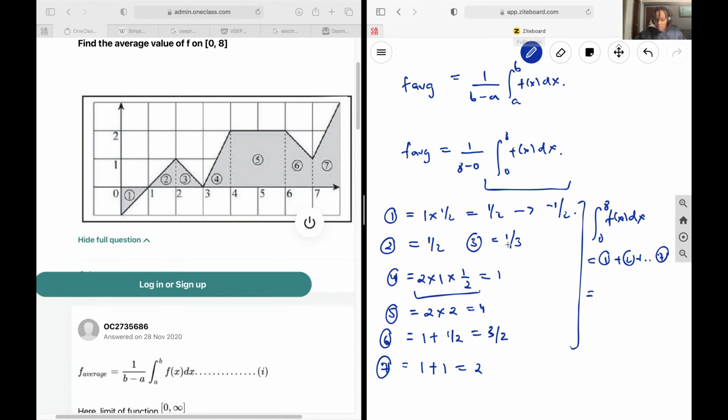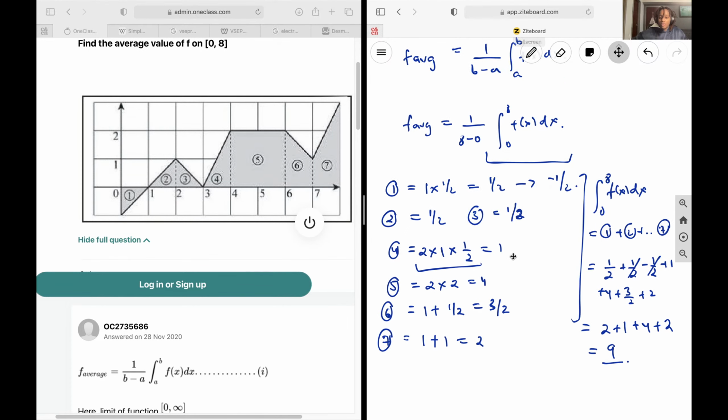That is 1 over 2 plus 1 over 2 minus 1 over 2 plus 1 plus 4 plus 3 over 2 plus 2. These two will cancel, and these two will add up to 2. And so this will give us 2 plus 1 plus 4 plus 2. And this is going to give us 6 plus 3, 9.